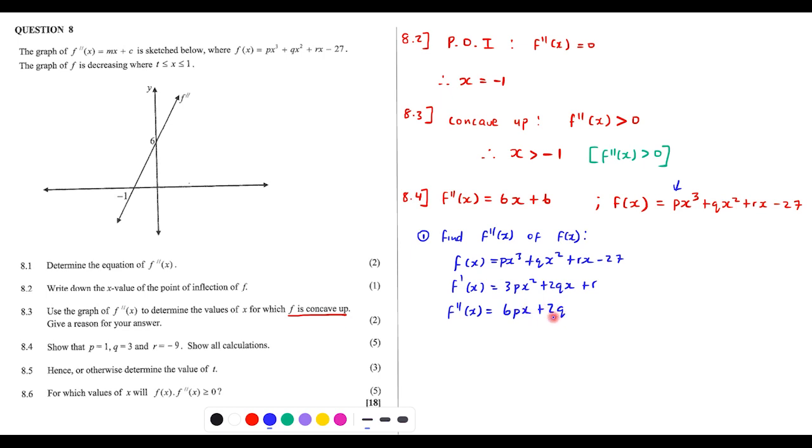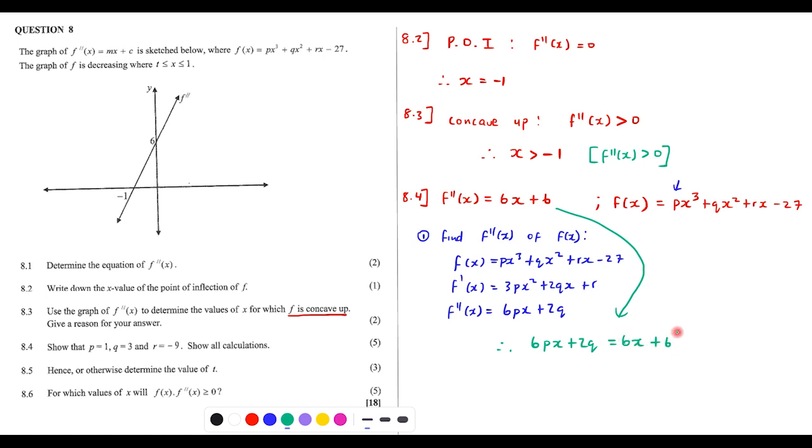Then we take this 6px plus 2q and equate it with the equation we've already found for our second derivative, which is 6x plus 6, right?